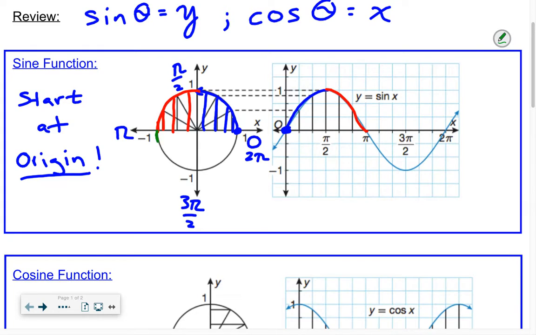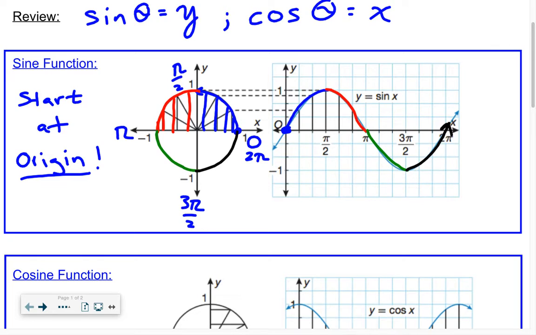As we look from pi to 3 pi over 2, now what type of y value are we looking at? Negative, and we're going from 0 down to -1. And lastly, if we finish to go from 3 pi over 2 back to 2 pi, we're going from -1 and working our way back up to having a y value of 0.